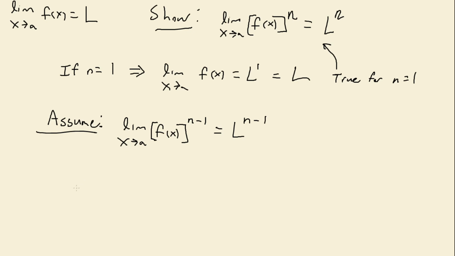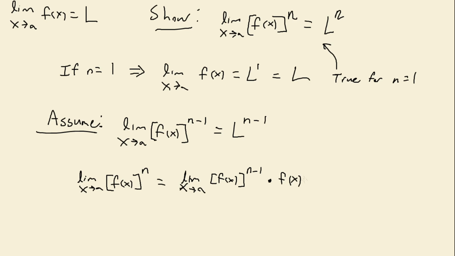And if that is true, then the limit as x approaches a of f of x to the power of n is equal to the limit as x approaches a of f of x to the power n minus 1 times f of x. If you multiply these, that will add 1 here and it will just become this.